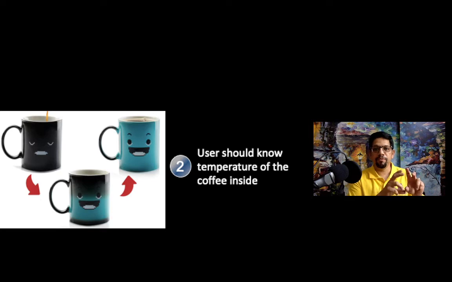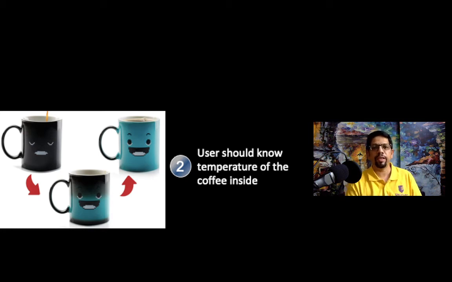Even the face expression has gone from a normal expression to a smiley. So the user feels that it's fun to drink the coffee, and as the coffee reduces, the cup starts becoming black again. Because of the heat, because of the temperature, the color changes. It's fun. At the same time, I exactly know how much coffee is left, and I also know how hot it is.